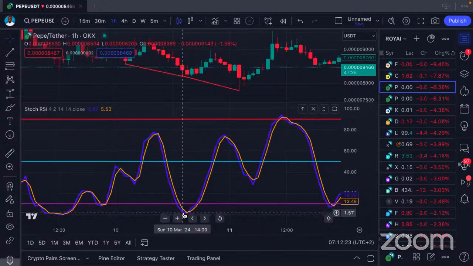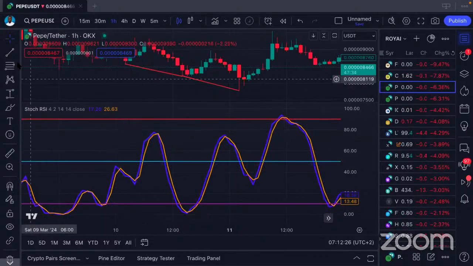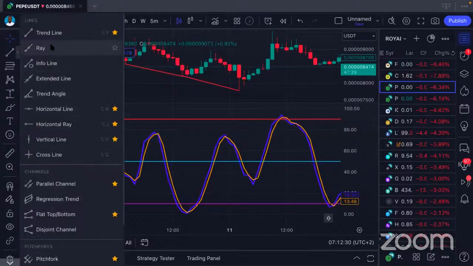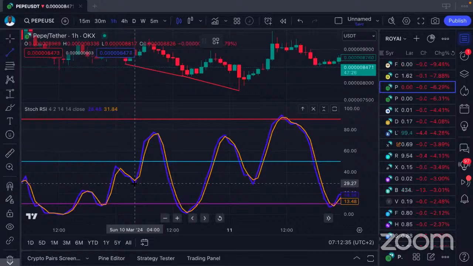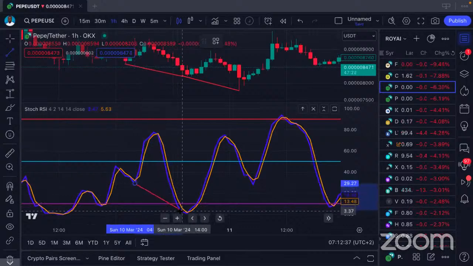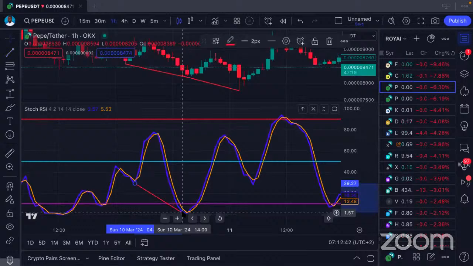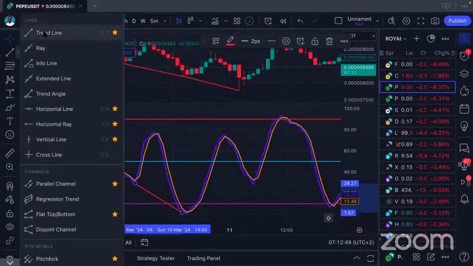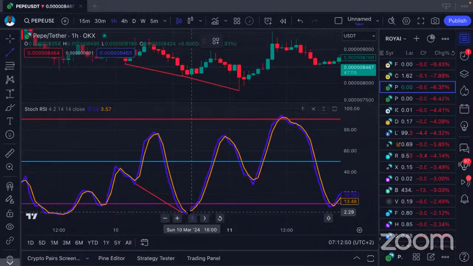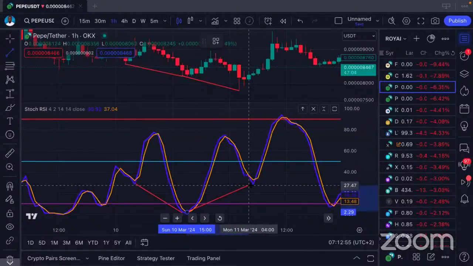Now we are also going to bring our trend line and connect this to this, and connect this to this.